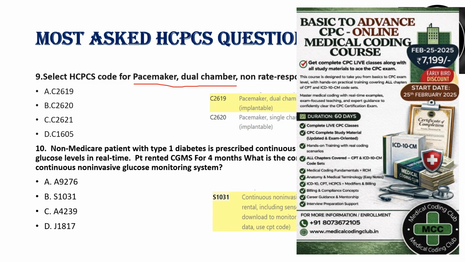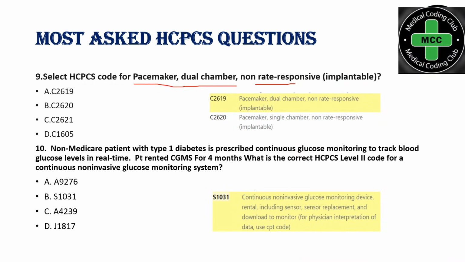And what is non-rate responsive? It's a type, it's the function of that particular pacemaker. Few will be non-rate responsive pacemakers and few will be rate responsive pacemakers. Non-rate responsive means the pacemaker does not adjust the pacing rate based on the body's activity levels or physical demand.